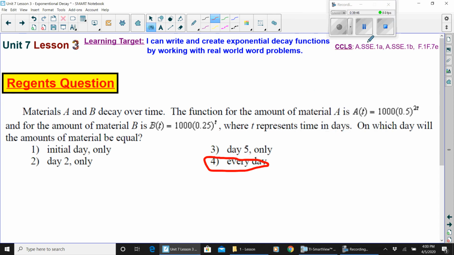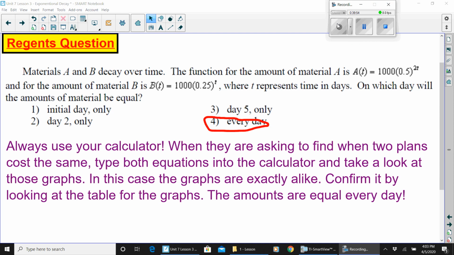All right, I'm going to press pause. I'll print out some notes, and you can come back. Just press pause now. All right, so just remember, always use your calculator when they're asking to find when two plans cost the same. Type both equations into the calculator and take a look at those graphs.